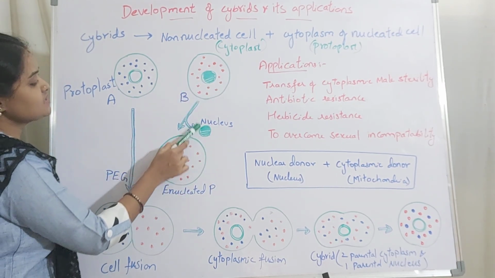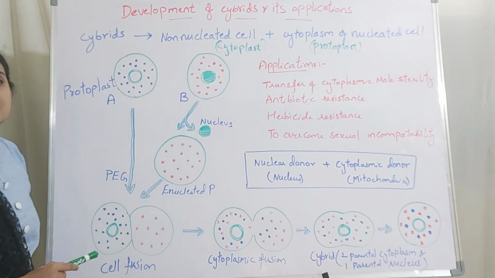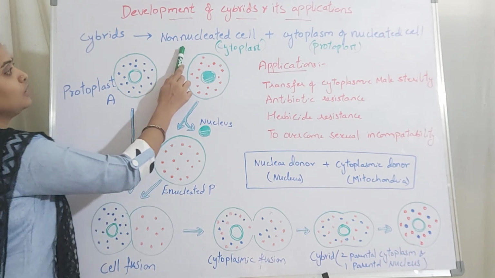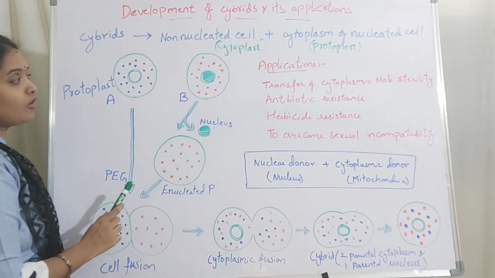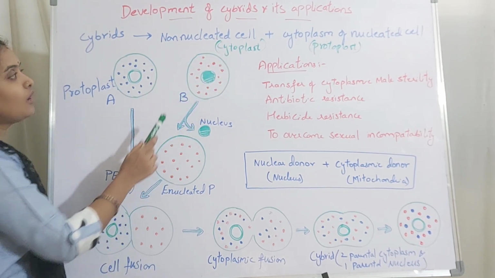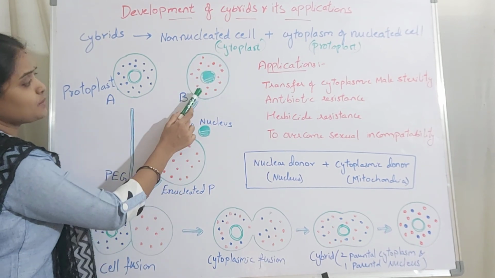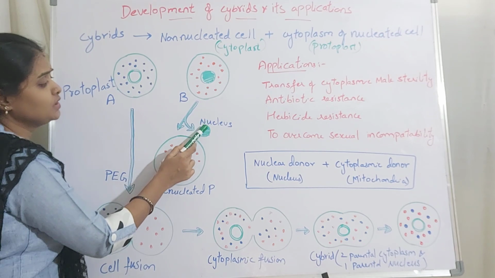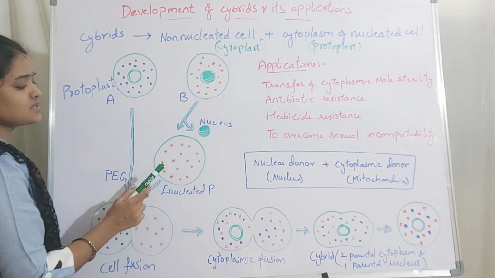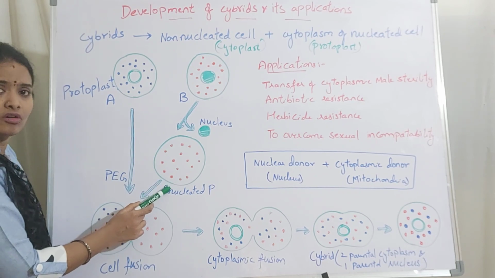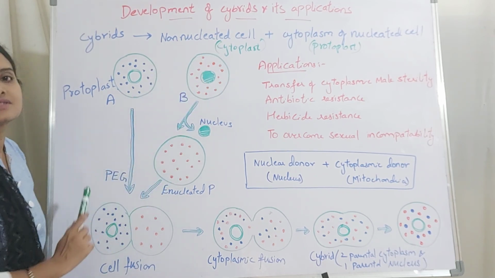The nucleus is removed out of the cell. Now this protoplast is called a non-nucleated cell, enucleated cell, or cytoplast. When you remove the nucleus, you call it an enucleated protoplast or cytoplast or non-nucleated cell, right?